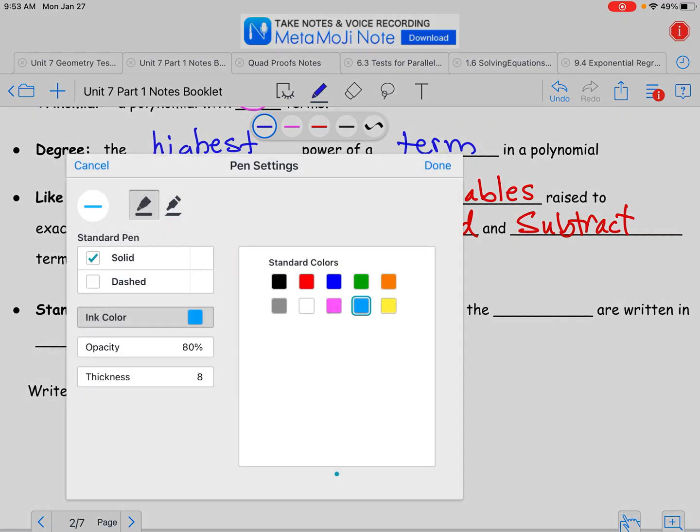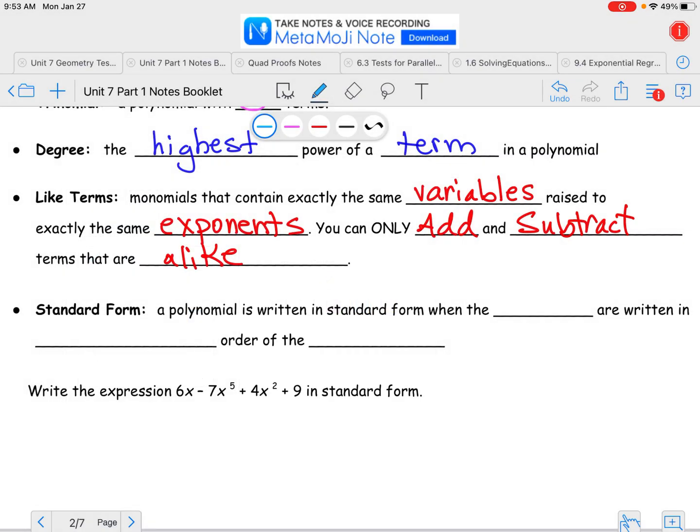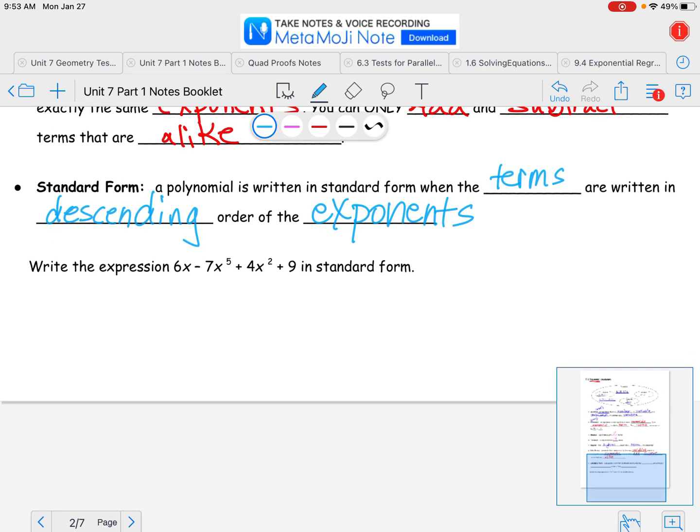Standard form. Standard form is when the terms are written in descending order of the exponents. So you would start with the highest exponent, then go to the next highest, then the next.